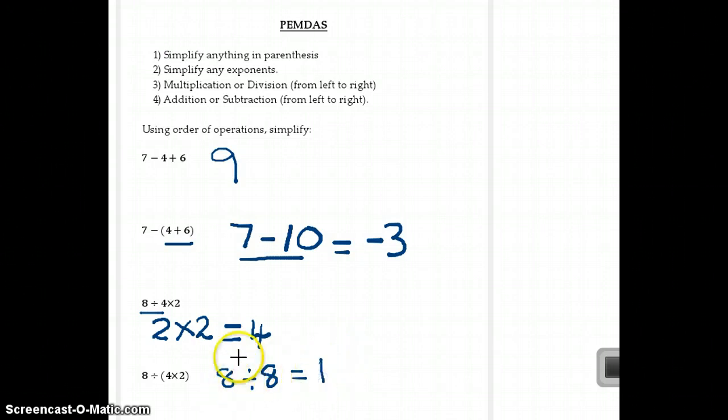As you can see on all of these examples, I have rewritten what I didn't take care of. In other words, I did 4 times 2. I wrote it here. I had the 8 divided by, and I rewrote it. I had 8 divided by 4. I wrote the 2, and then I rewrote the second part, which I hadn't taken care of at that point.